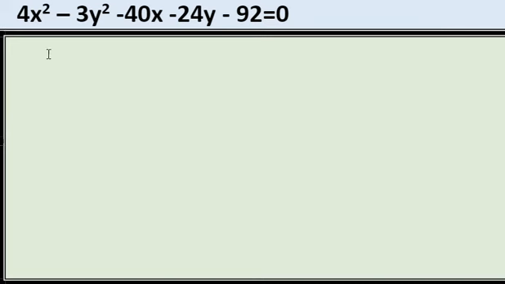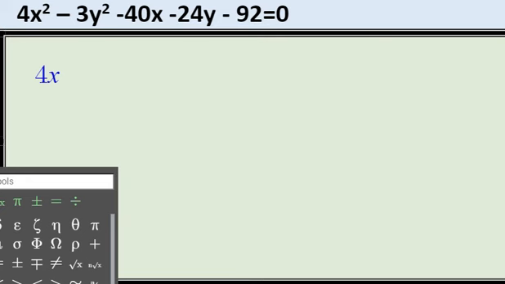So use complete the square to rewrite the equation as the equation of a hyperbola. First thing I want to do is separate the x's and the y's. So I have 4x squared minus 40x.